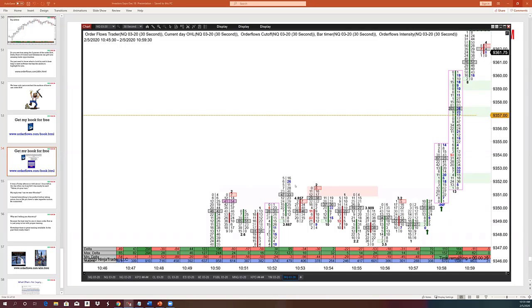I used to love to buy breakouts, but you buy a breakout like here, then the market comes back into the zone. You've got to cut it, right? You're not going to sit there and hold it if you're a short-term trader. So order flow helps. You can see the aggressive buying in this bar, before you get the bar that pops up from 52 up to 60, and higher.